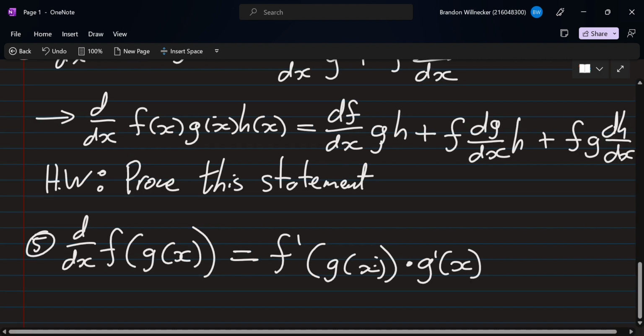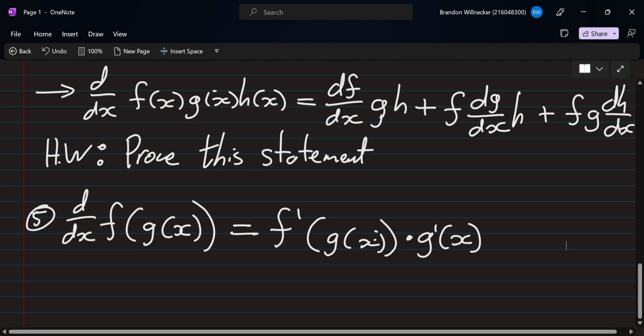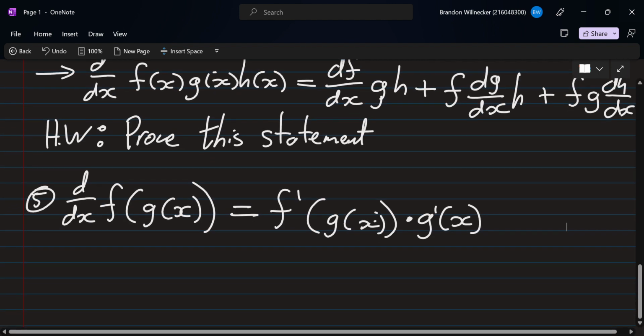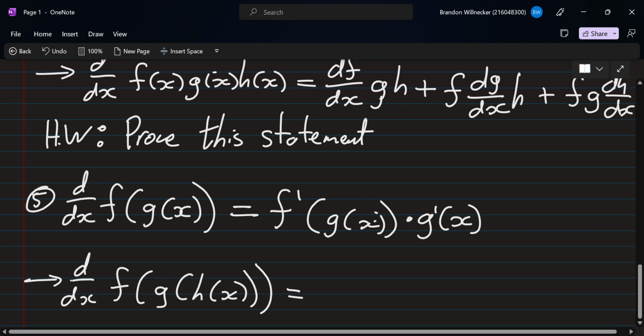Here we just have a single inside function, so we just have this single product between these two. If we had more compositions, then we would have more products being added on. As a little extension, if we had d by dx of f of g of h, so we have 3 compositions there, then we have the same idea.